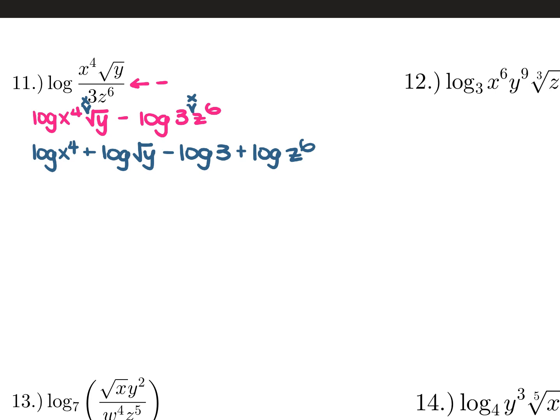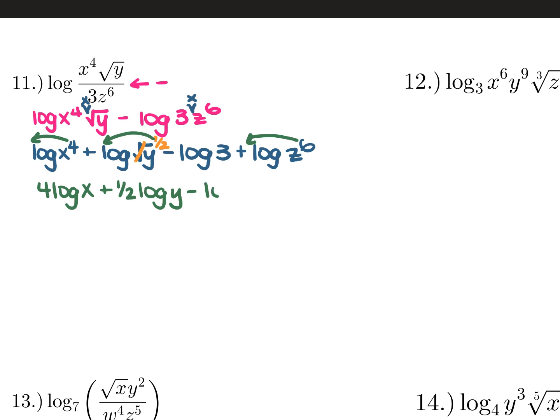The square root of y is like saying y to the power of 1/2. These powers have to move to the front of your logs. So that 4 with the log x to the 4th power is going to become 4 times log x. The power of 1/2 on the y is going to go to the front to give you 1/2 log of y.